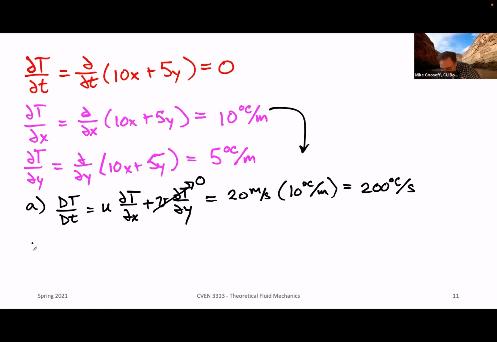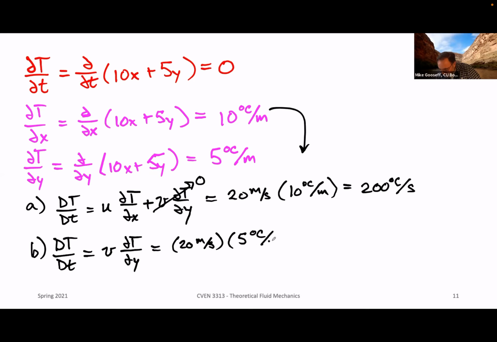Similarly, for the second set of conditions, dT/dt, the change in temperature with time, is equal to, I'm going to skip this part because u is equal to 0. It's just equal to v del T del y, and in this case we have 20 meters per second times 5 degrees C per meter.